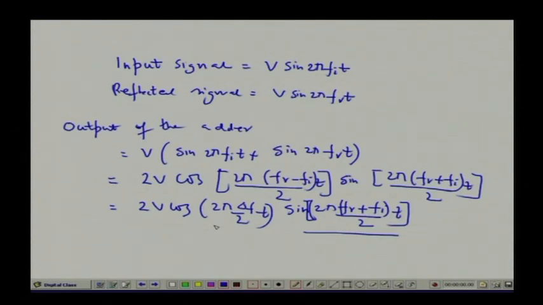Now, let us suppose we write that delta f by 2 is omega m by 2 pi, and f r plus f I by 2 is equal to omega c by 2 pi.